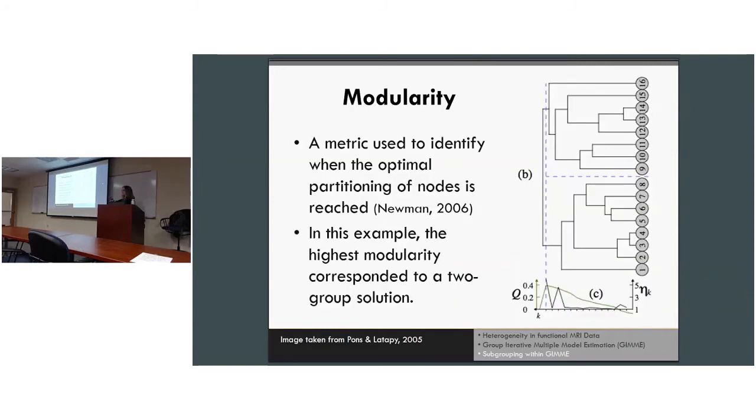And if you find a cluster of people who tend to be similar with each other, that person A is similar to person B, who's similar to person C, who's similar to person A, then that would be a cluster probably. So modularity was introduced by Newman in 2006 to find a cutoff, because most clustering algorithms either start with everybody in their own group or everybody in the same group.